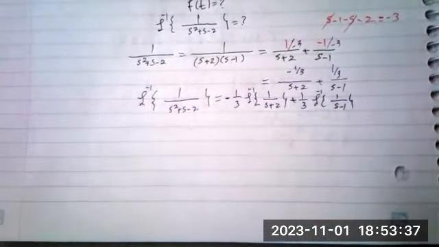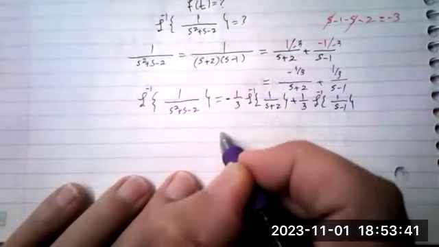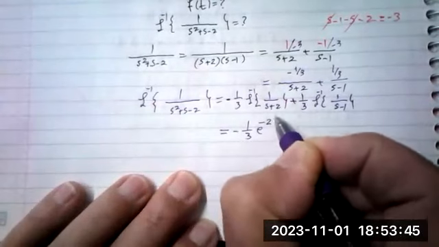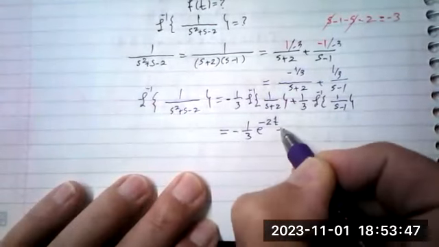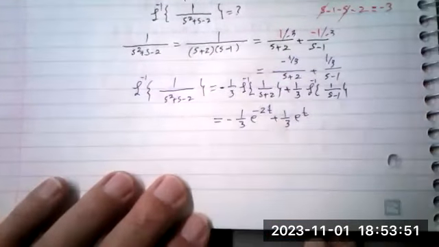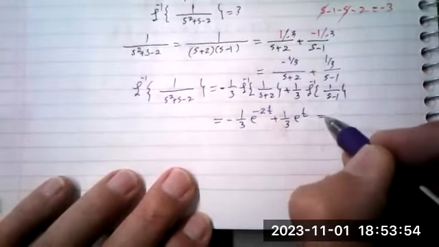You know that they are going to be e functions. So it's going to be equal to negative 1/3 e to the negative 2t, plus 1/3 e to the t. This is your f of t.